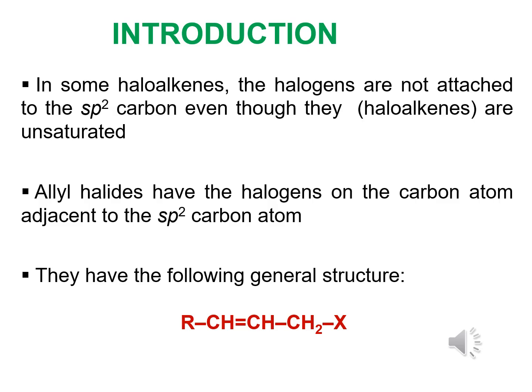An sp2 carbon is a carbon that is bearing the double bond. A typical example is the allyl halides, where the halogen is at the terminal carbon that is saturated. In that case, the carbon bearing the halogen is an sp3 hybridized carbon, but the compound still remains sp2 hybridized.